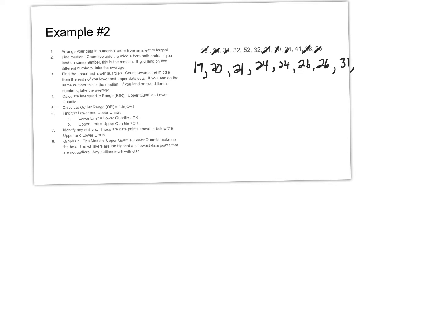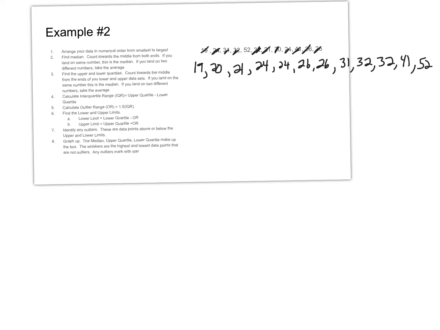We have 32. 32 again. There's a second 32 there. We have 41. And we have 52. All right, so step one, putting your data set in numerical order from least to greatest.